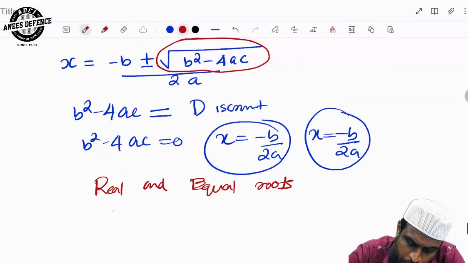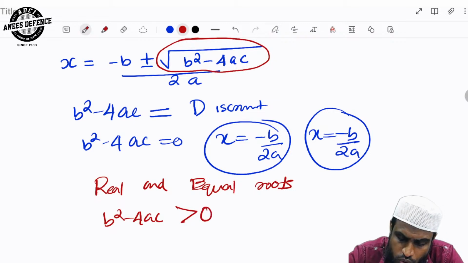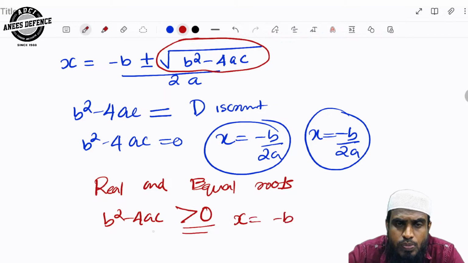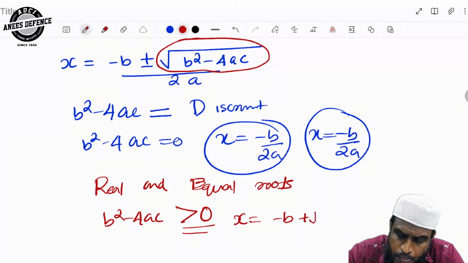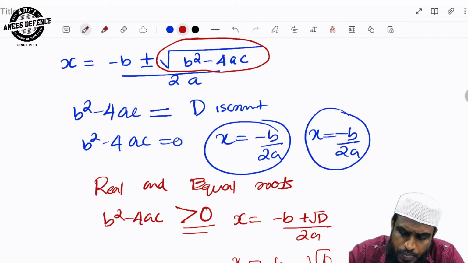Another case, if b square minus 4ac, or the discriminant D, is greater than 0, you will get x is equal to minus b plus root D by 2a. If it is greater than 0, the meaning is it is a positive number. You can calculate the square root of a positive number. You will get a real value. So x is equal to minus b plus root D by 2a, and x is equal to minus b minus root D by 2a.